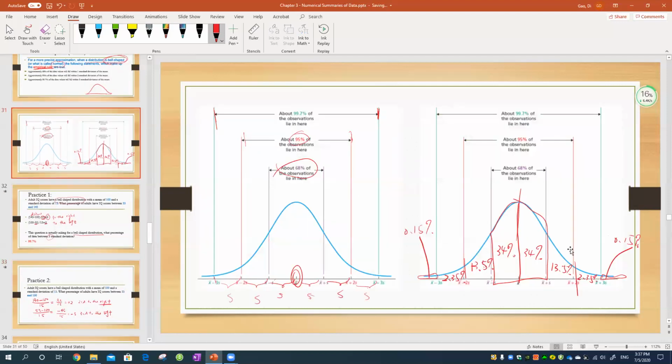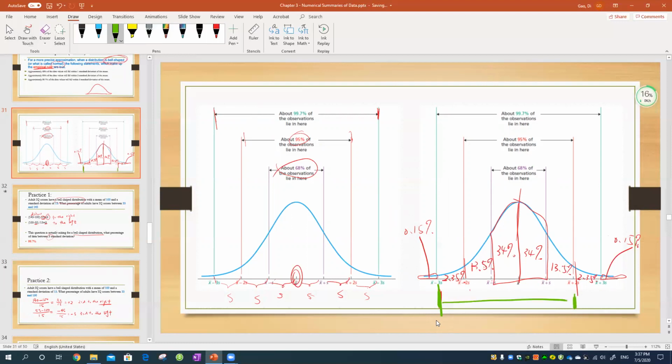So we can look at our specific distribution plot. We have 3 standard deviations to the left, so that's from here. Let me use another color. 3 standard deviations to the left, and then 2 standard deviations to the right.